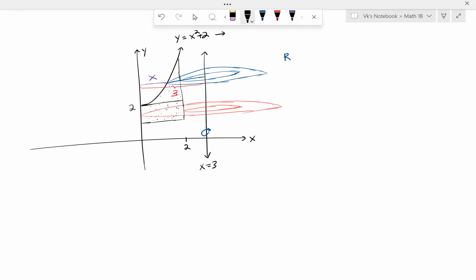Well, y equals x squared plus 2, so x equals the square root of y minus 2. And so the outer radius is 3 minus the square root of y minus 2. The smaller radius r is this one. That is just the difference between 3 and 2, which is 1.